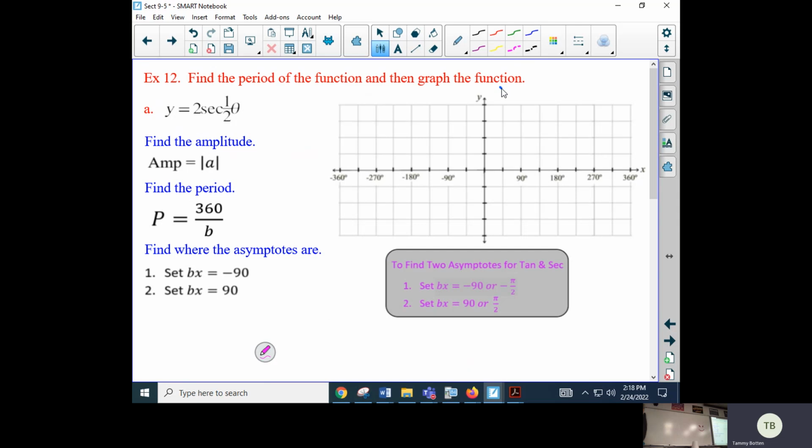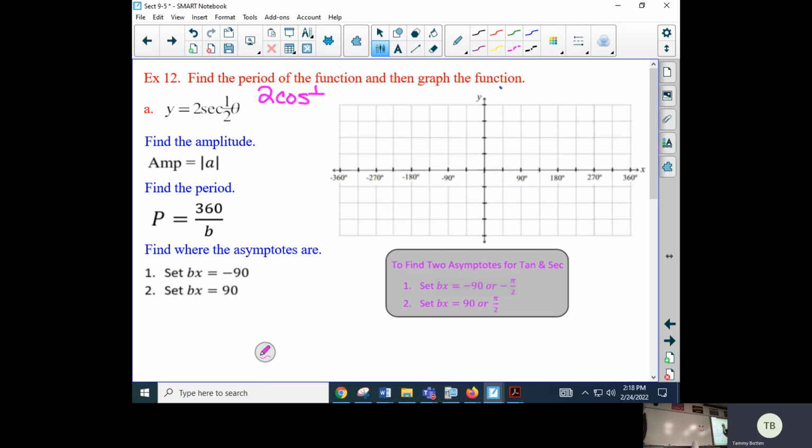all right, so if we look at this, this is drawing secant where it has a different amplitude and a different period, okay? When you go to do this, what you're going to do is graph the reciprocal of secant. What's the reciprocal of secant? Cosine.